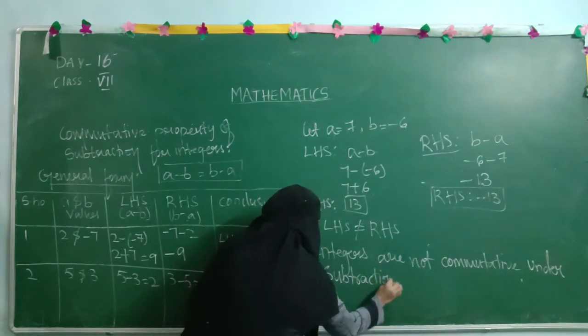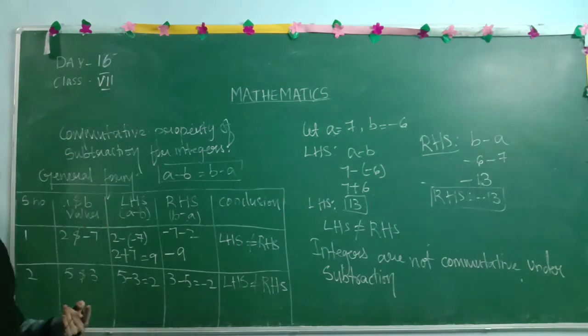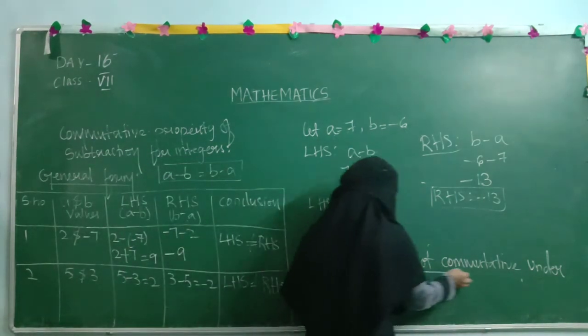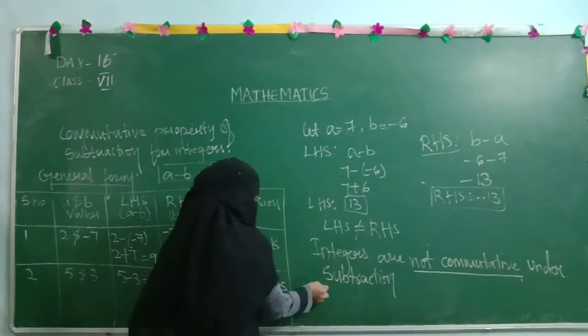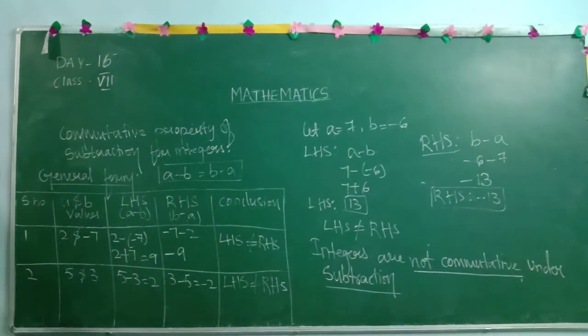So what is the difference? The difference is that integers are commutative under addition, and they are not commutative under subtraction. Is that clear? Hopefully the concept is clear to you.